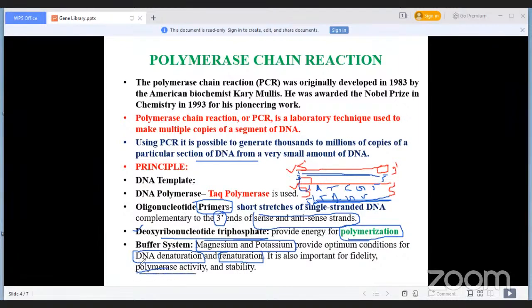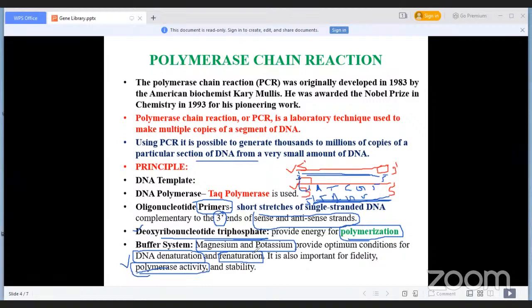Polymerase activity is done by deoxyribonucleotide triphosphate and also the buffer system.